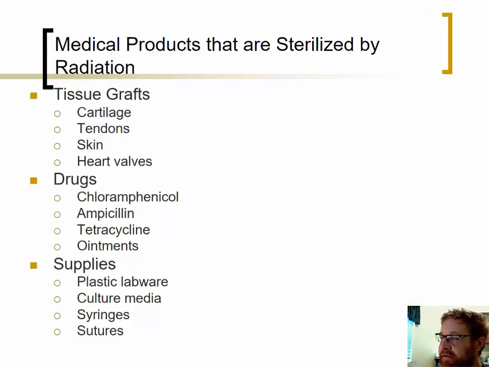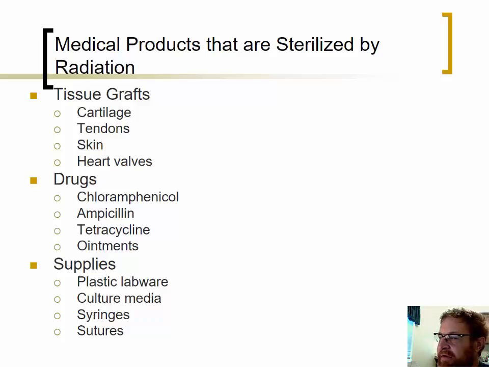Okay. Now the kinds of things that we can use radiation with are things like tissue grafts or certain drugs that are temperature sensitive, or things like plastic supplies where it might melt if you were to use heat or an autoclave to sterilize them.